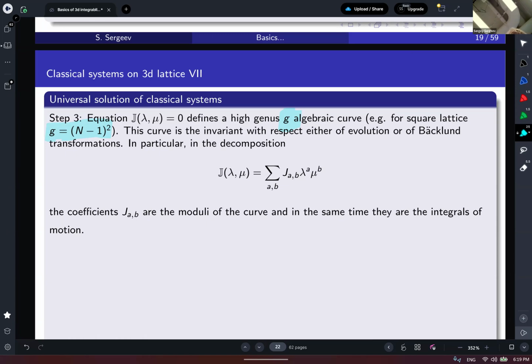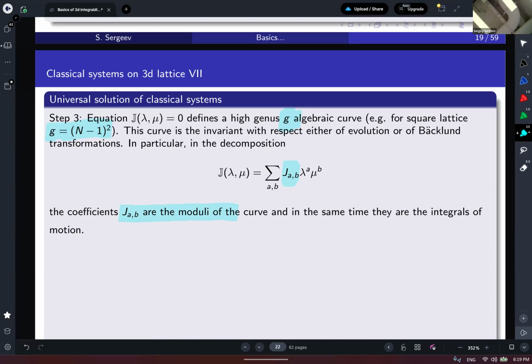I have some experience in theta functions, and the most complicated theta function I tried to compute by hand was genus 2. Here, genus is much bigger. Well, and in this decomposition of spectral determinant, coefficients J, alpha, beta, most of them, they are called moduli of the curve.